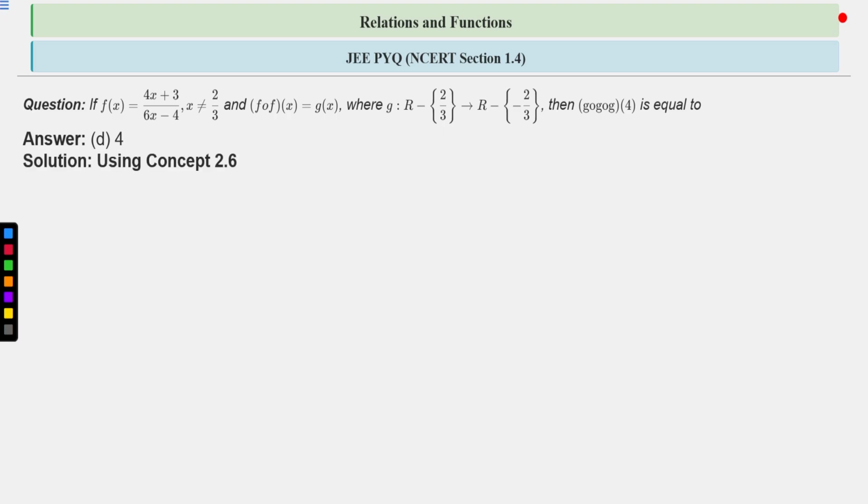Now let us move to the solution part. See, it is given that f(x) is equal to (4x plus 3) upon (6x minus 4) when x is not equal to 2 by 3, and f of f(x) is equal to g(x).